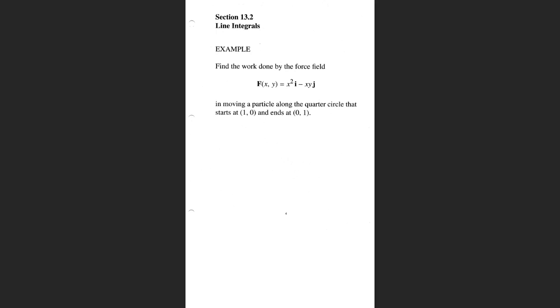Okay, so in this problem, what we want to do is find the work done by this force field in moving a particle along the quarter circle that starts at (1, 0) and ends at (0, 1).